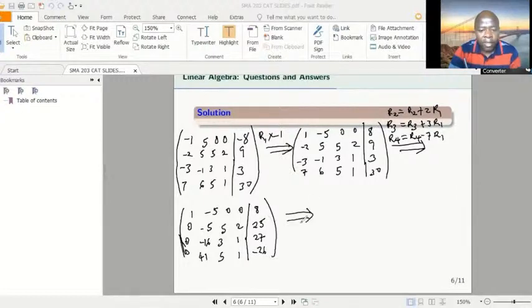Now we want a 1 in this position. That means the new row 2 shall take the current row 2 and multiply by -1 out of 5. So when that happens, the first row remains the way it is.